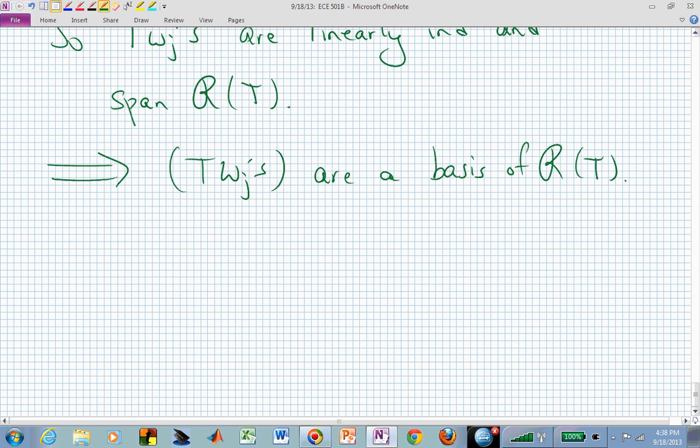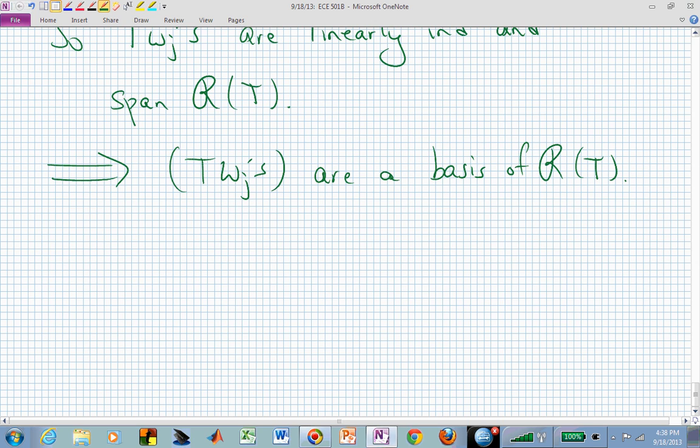And how do we now determine the dimension of the range of T if we have a basis? If I hand you these vectors and say, here's your package of basis vectors, what's the dimension of the range space? What would you do? You'd start pulling those out of the bag that I handed them in and count them, right? You would say, here's 1, here's 2, here's 3, and how many did we start with?